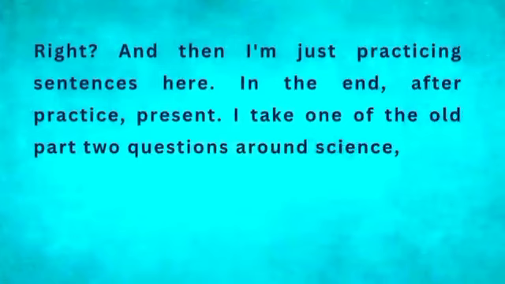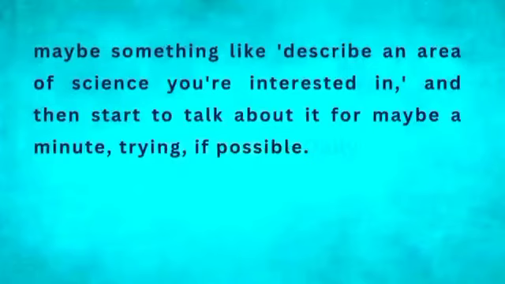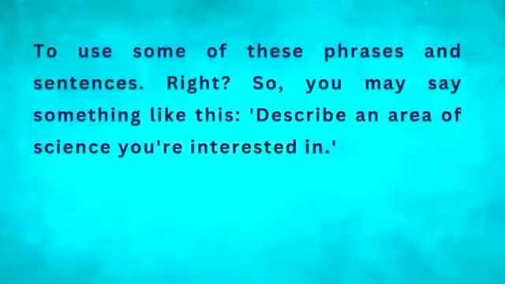In the end, after practice, present. I take one of the old Part 2 questions around science, maybe something like, describe an area of science you're interested in, and then start to talk about it for maybe a minute, trying, if possible, to use some of these phrases and sentences, right?